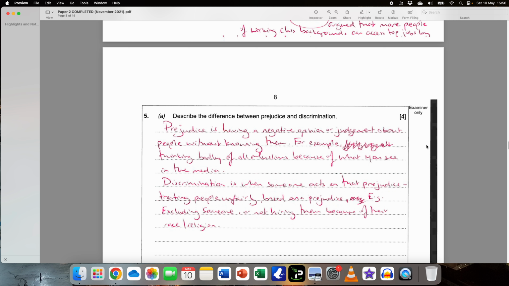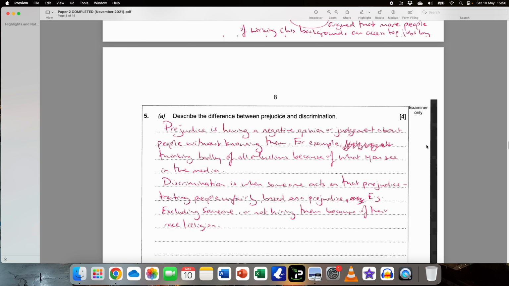Discrimination is when you treat someone differently because of your prejudice. So discrimination is when someone acts on that prejudice. So prejudice is in your mind. You're judging. You're thinking. Discrimination is when you do something. It's an act. So when someone acts on that prejudice, treating people unfairly based on a prejudice. For example, you don't like someone, so you exclude them.